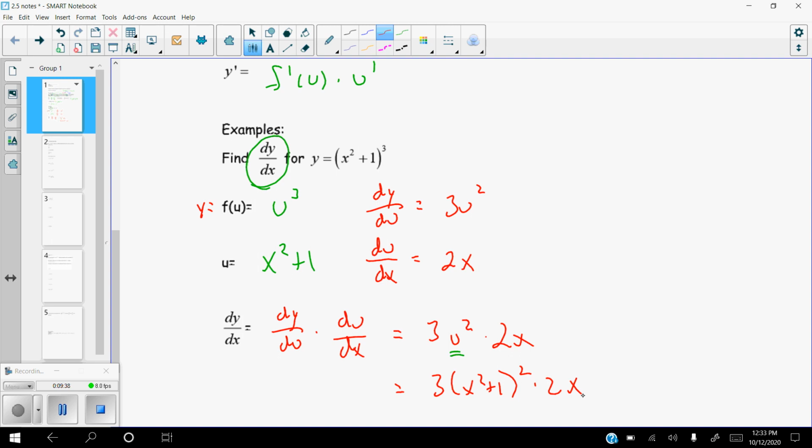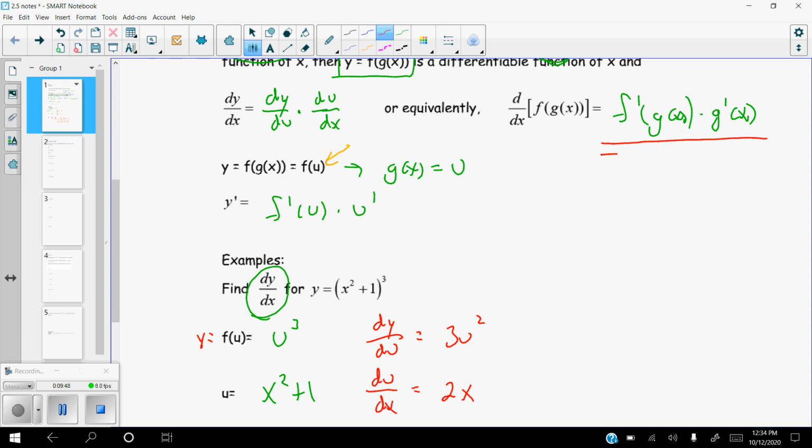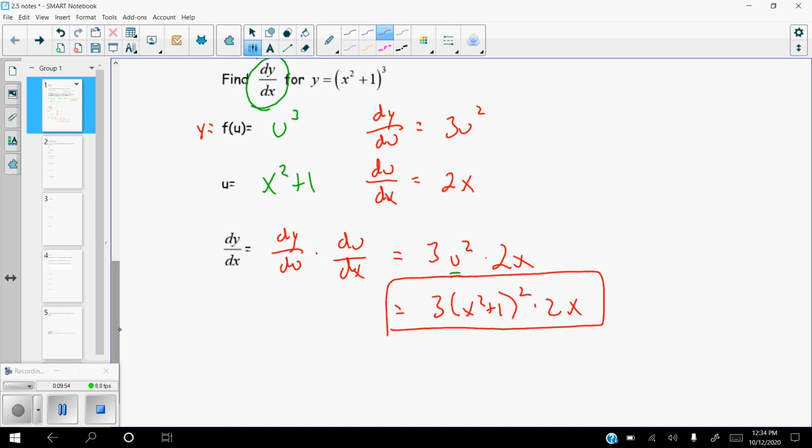Now, I'm going to scroll back up here, and I'm going to show you that this could have been done using that second method a little bit easier. If we look at that second method, this one right here, it just says take the derivative of the outside piece and then multiply it by the derivative of the inside piece.